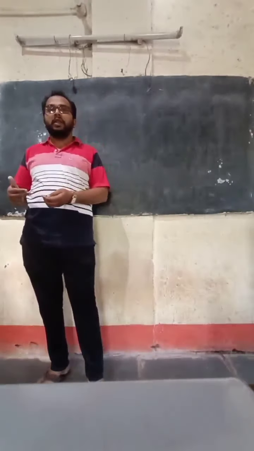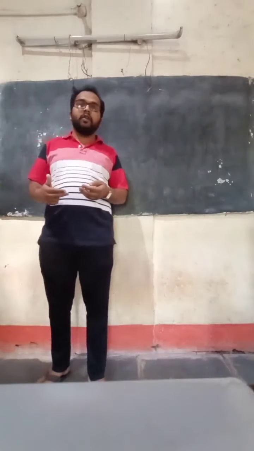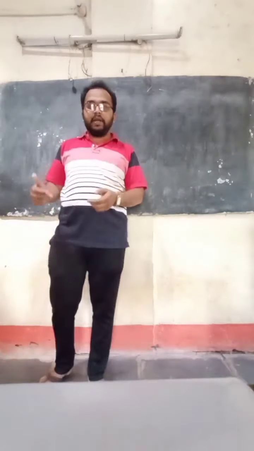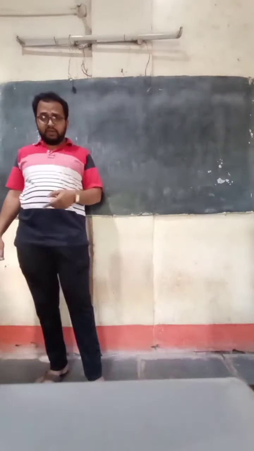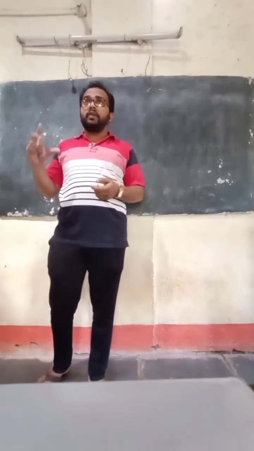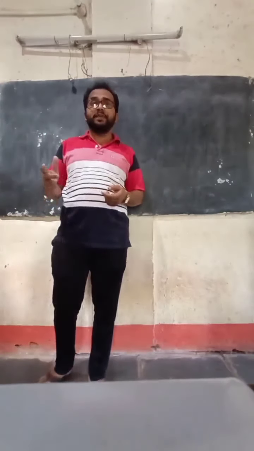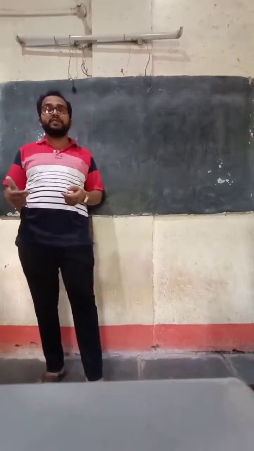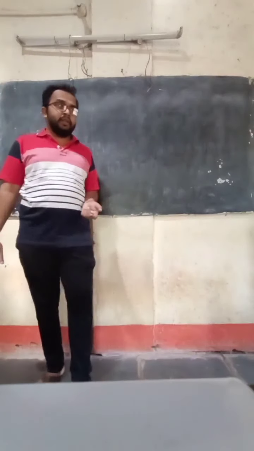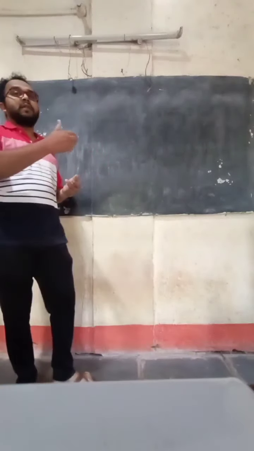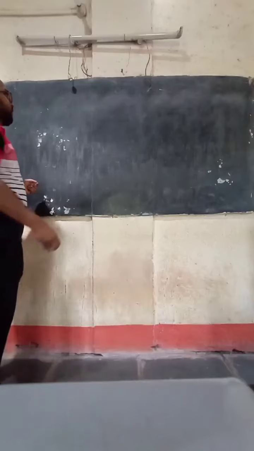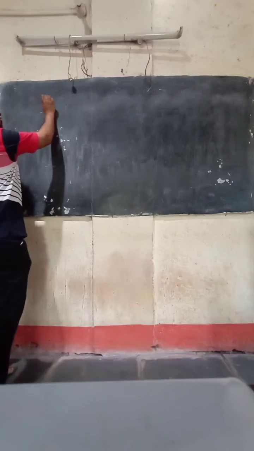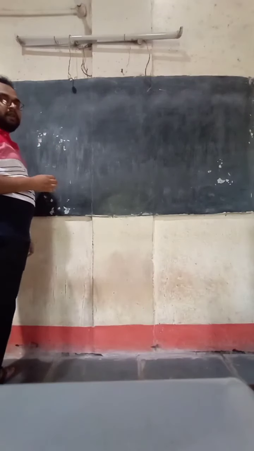The same phenomena will repeat after equal interval of time at a particular bus stop, that is the arrival of the bus is periodic, and the same phenomena will repeat after equal interval of distance. That's why the wave is periodic in space as well as periodic in time. So we can say that progressive wave is doubly periodic.